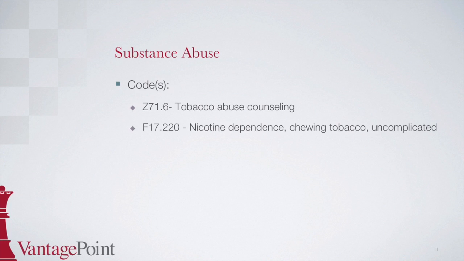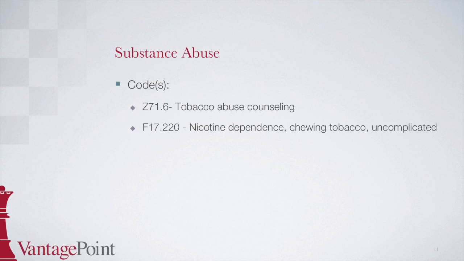Our first code is Z71.6, Tobacco Abuse Counseling. Since the reason for the visit was for counseling, this code should go first. You would locate this code by going to the term counseling in the alphabetic index and then locate tobacco use indented below, which points to code Z71.6, which you would then confirm in the tabular.